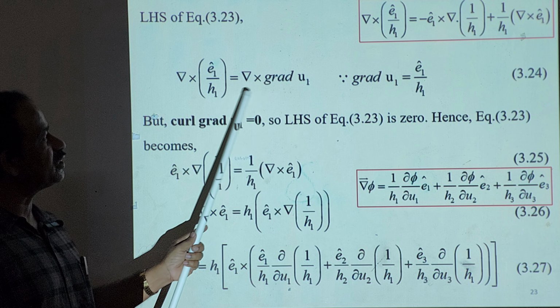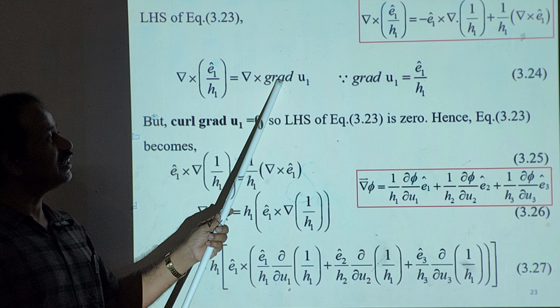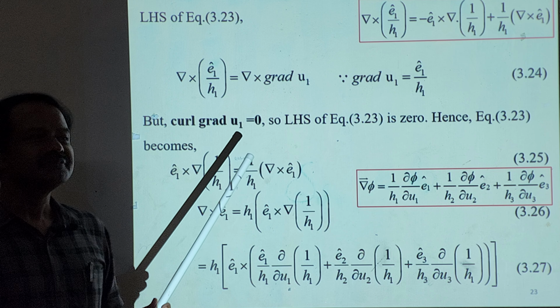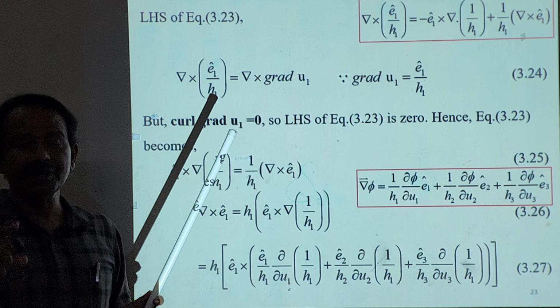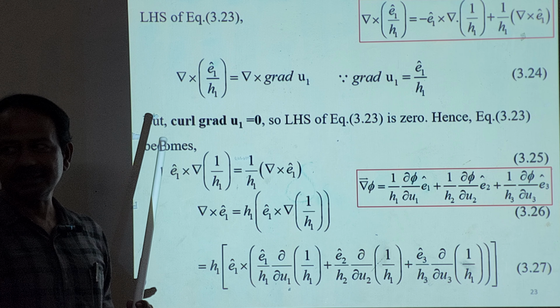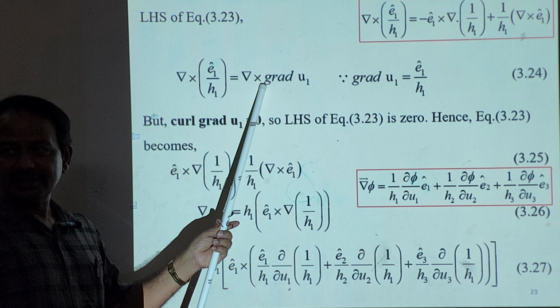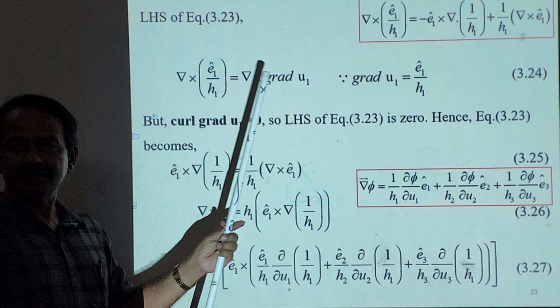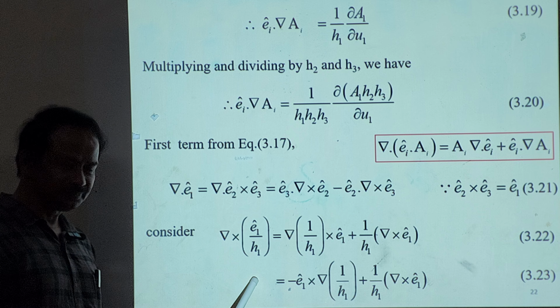So instead of E1 by H1 you can write grad U1. But del cross grad is always 0. Very important, one more question: del cross gradient will be always 0. In vector calculus we have already proved this one. Del cross grad U1 always will be 0. So left hand side equal to 0.